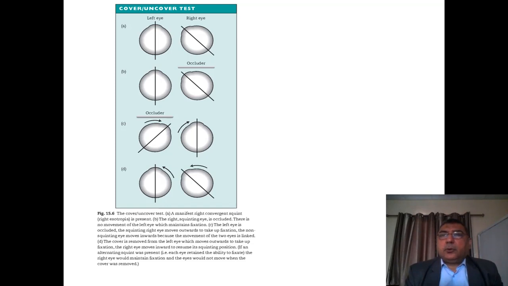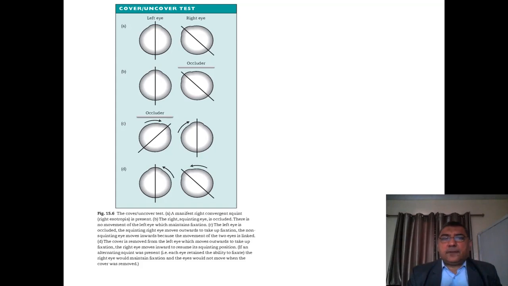Also, we will do a very important test, which is the cover test. There are different types of the cover test, and this test will give us some information about the non-paralytic strabismus.